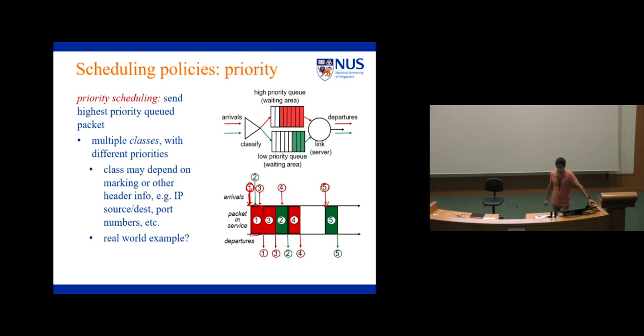So let's think about some real-world examples of this. In real life, outside of networks, for instance, we have hospitals and the university health center here operating this way. If an emergency case arises, that always has higher priority. If some guy is getting a heart attack, you cannot say, but I came first, you should serve me first.